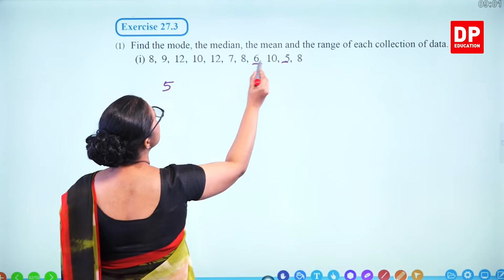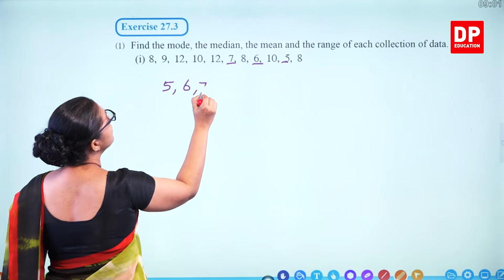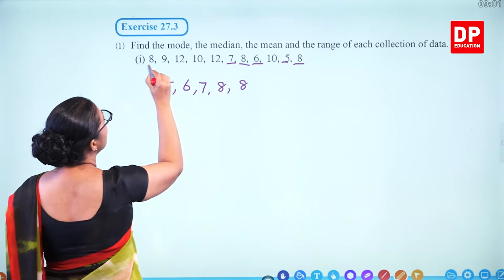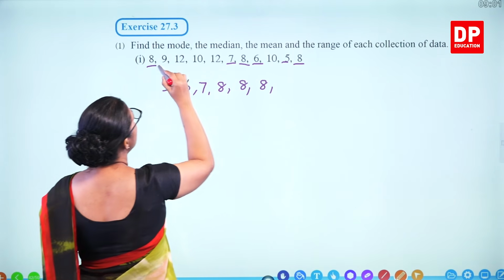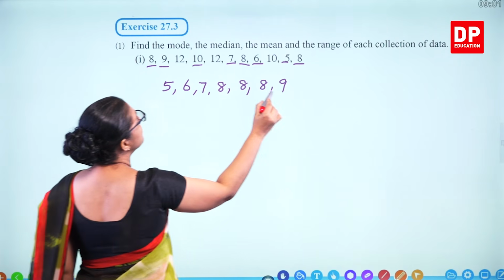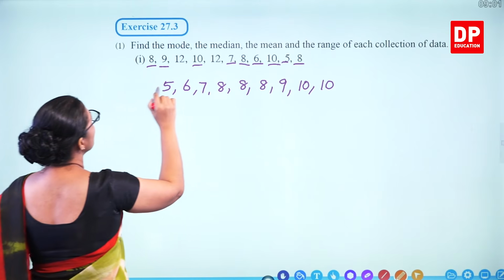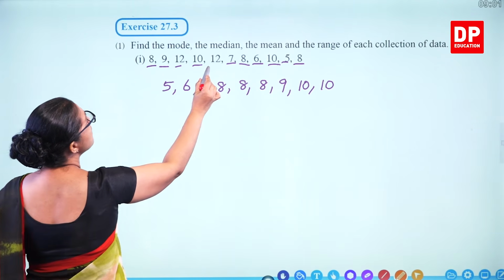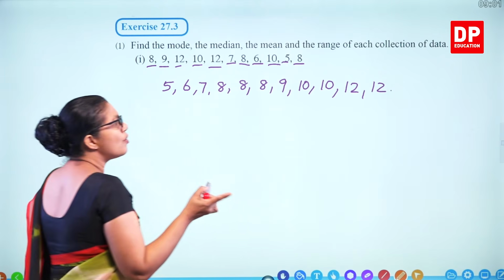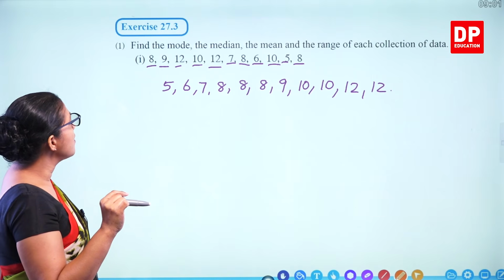Then 6. 7. 8, 8, another 8, 9, 10, 10, 2 tens, and 12, 12. Easy to identify all the values when you arrange the data set in increasing order.